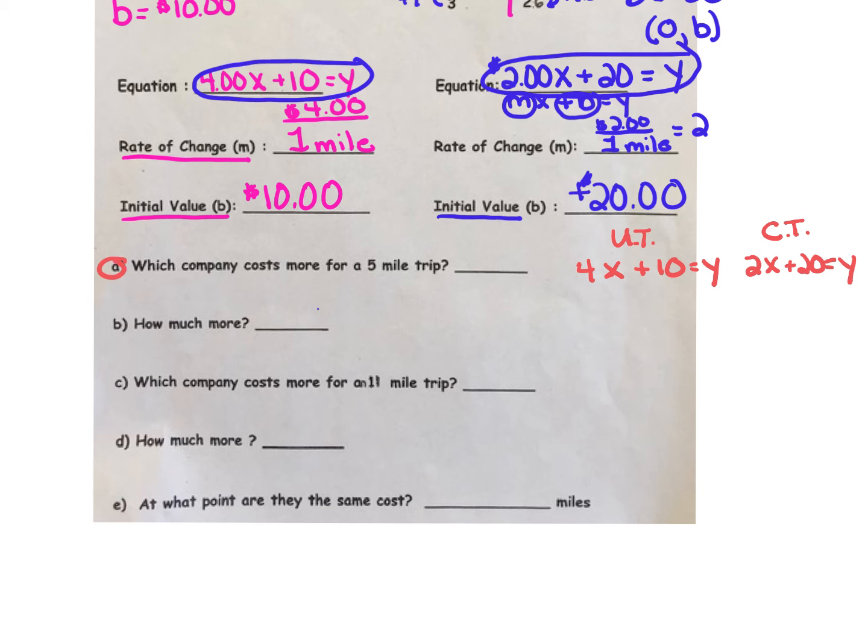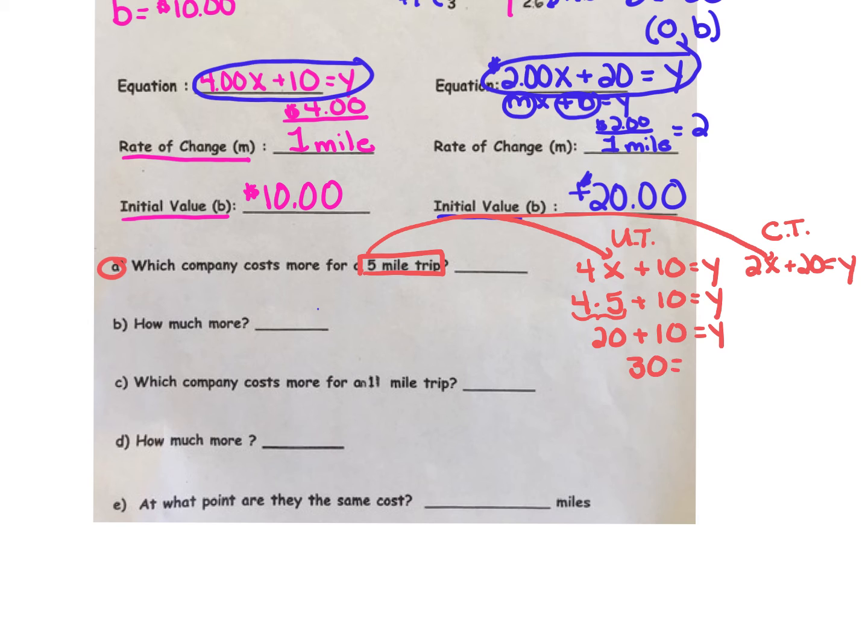For example, which company costs more for a 5-mile trip? We're going to take that 5 miles and substitute it for X in each case. For example, $4 times 5 miles plus a $10 initial fee. Well, 4 times 5 is 20, plus 10 for the initial fee.